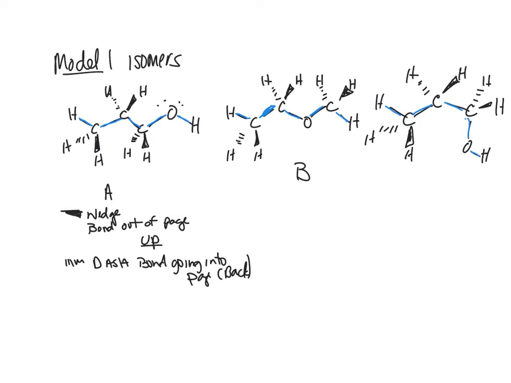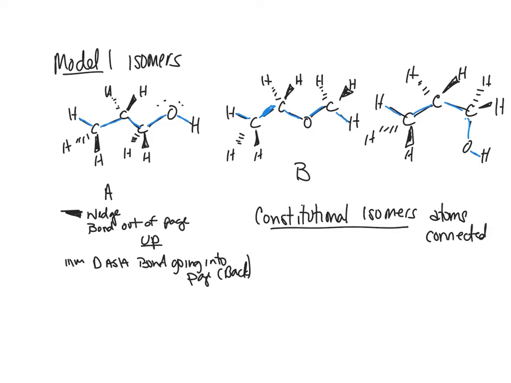Okay, so we have a few definitions that you have to know. Constitutional isomers. That should not be a new term. They are atoms that are connected differently, but they have the same molecular formula. Okay, that's not written there, but it's true.